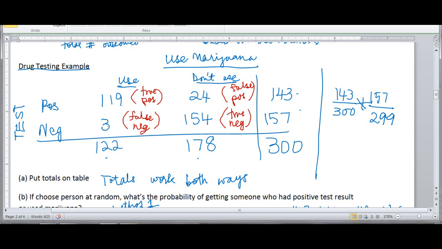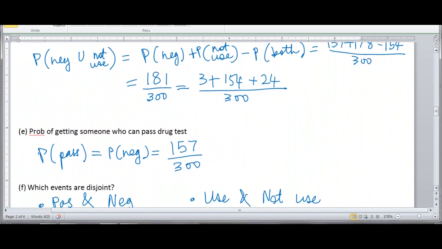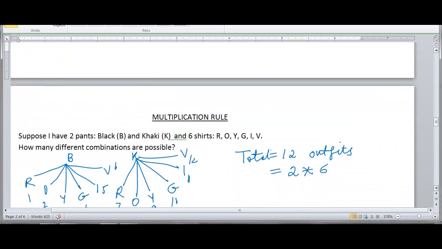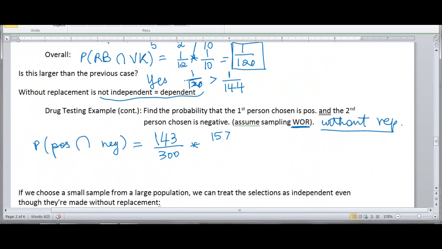Out of those 299 people, how many are negative? 157. So without replacement, you're holding on to them. I hope this is not confusing. We'll do another example to make this clearer. So that's 157 out of 299.